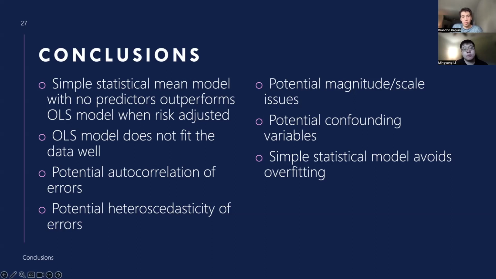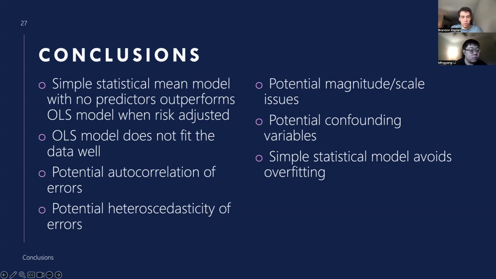We also have the potential for confounding variables that the model doesn't account for, which would mean we might need more predictors. But at the same time, the simple statistical model just seemed to avoid overfitting to older data or patterns that were outdated. And that really ended up being more useful for us because we didn't make unintelligent decisions when we had an absence of data.